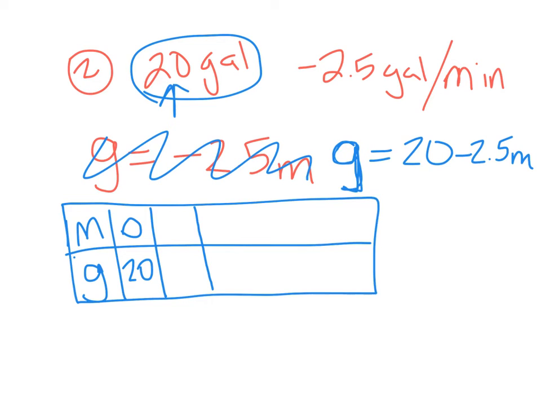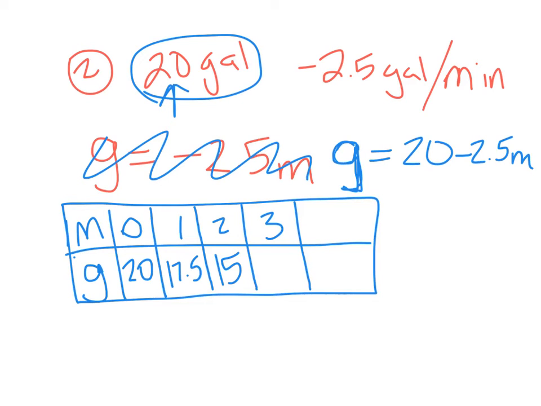Okay, so then at 1 minute, I'm going to have 20 minus 2.5, which would give you, what is that, 17.5 gallons left. 2 minutes, I have 20 minus, so you'd put a 2.5 times 2, and subtract that from 20 gallons, so then you're going to have 15 here.